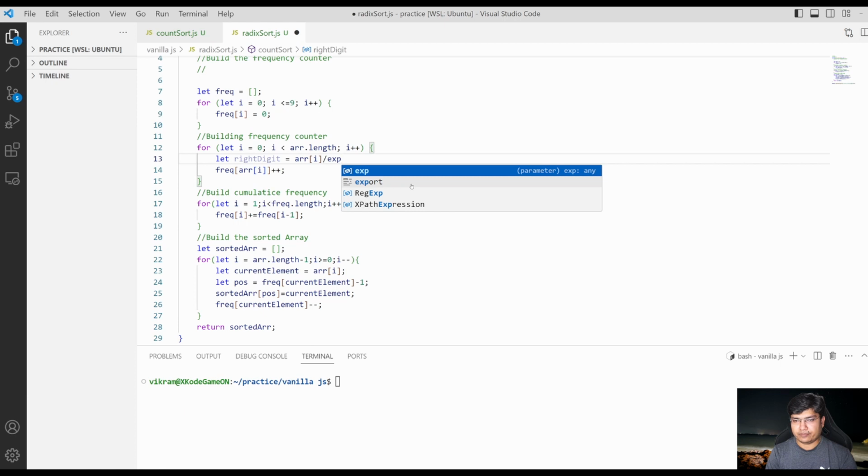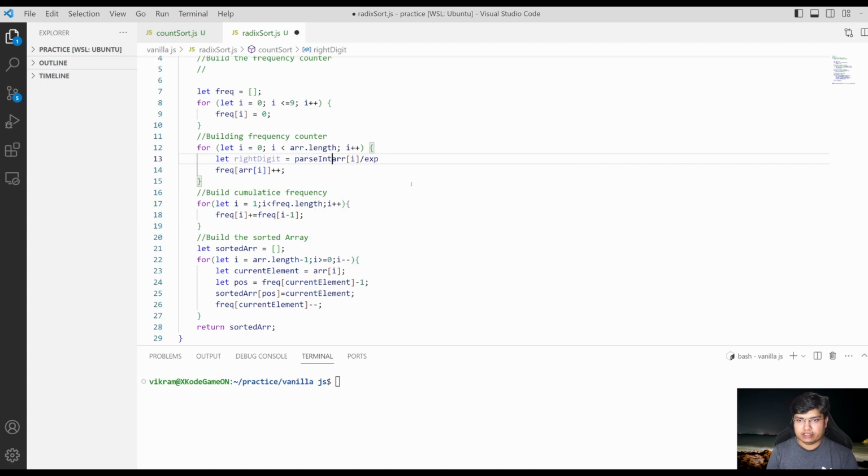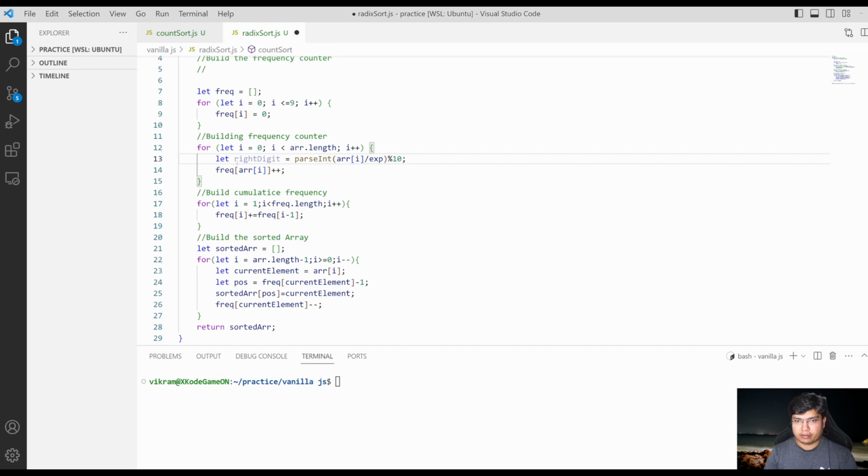At the ones place, the exponent would be 1. At the tens place it would be 10. Here I have to also consider only the integer part. I don't have to take the floating part of this result. And then I just take mod of 10. This would return me back the rightmost digit, and this is used to build my frequency.